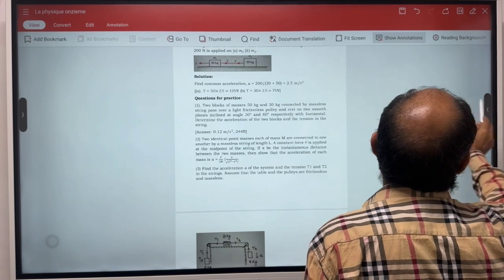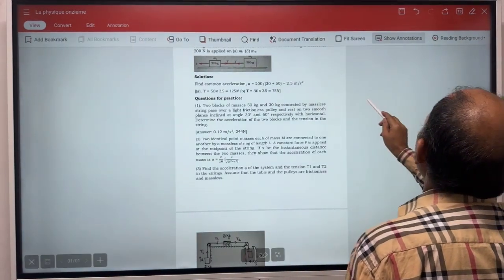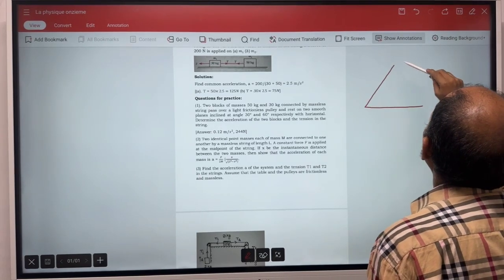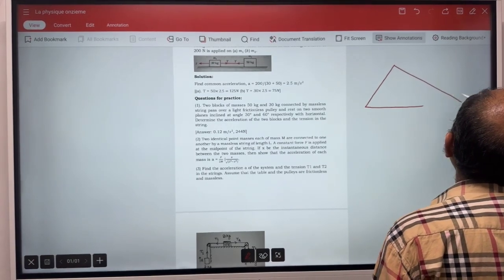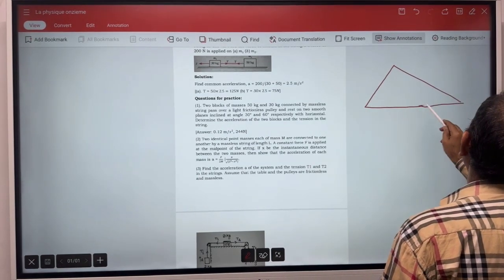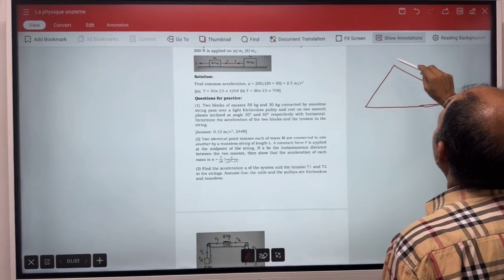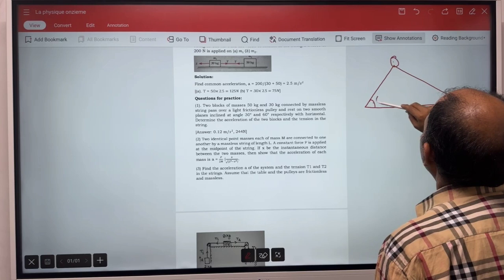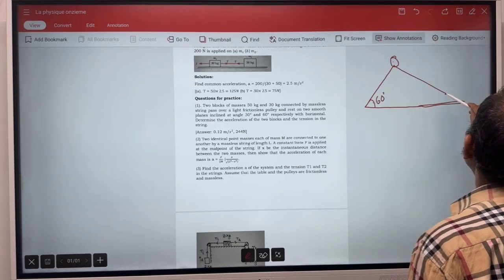So here there is a pulley, one mass is here, say this is 60 degrees and here this is 30 degrees.